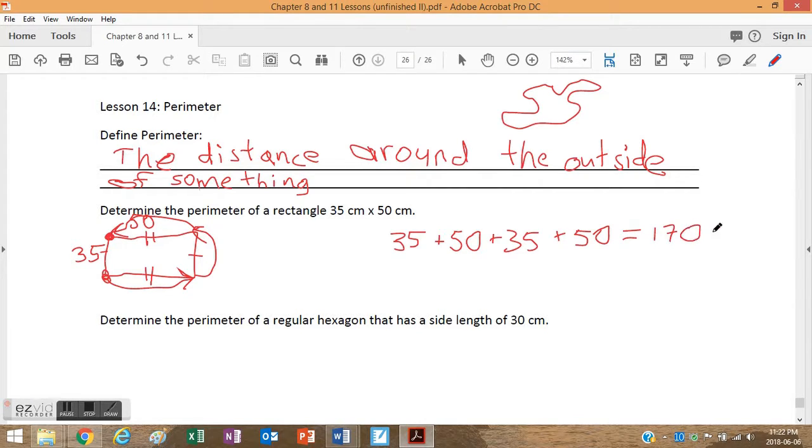Now there's an easier way to do that. You might notice it. These two sides are the same. I could multiply that one side by 2, 50 times 2. That's 100. We could even use this order of operations stuff that we talked about earlier this year. So we have 50 times 2 plus, well, there's 2 of the 35s as well, 35 times 2.